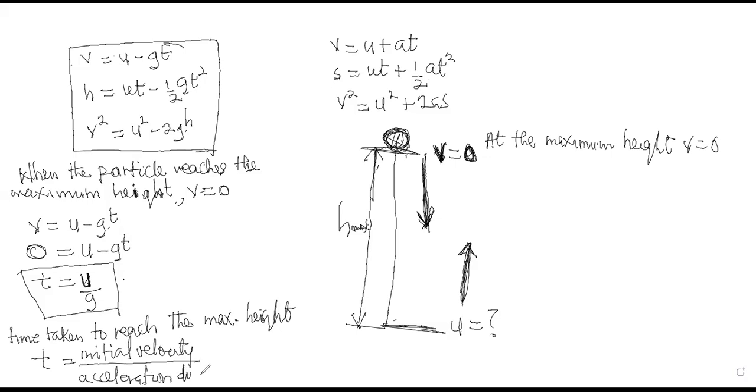So if you are asked to calculate the time taken to reach a maximum height, just divide the initial velocity by acceleration due to gravity, and you will be smiling to the bank.